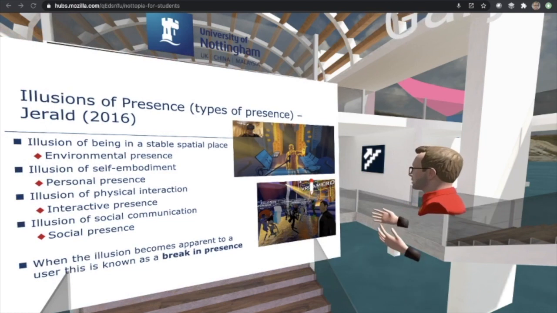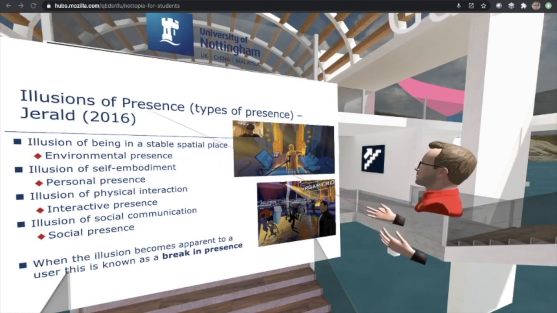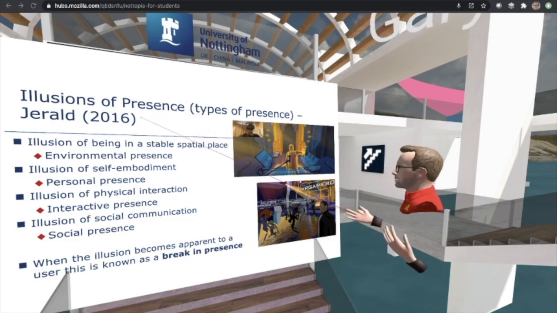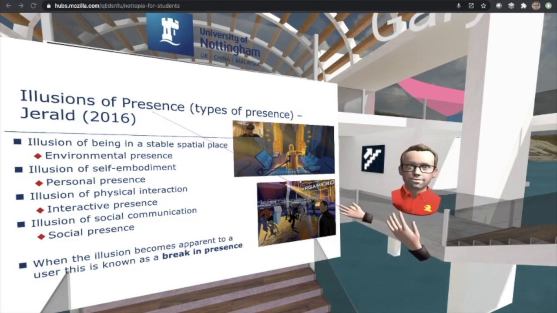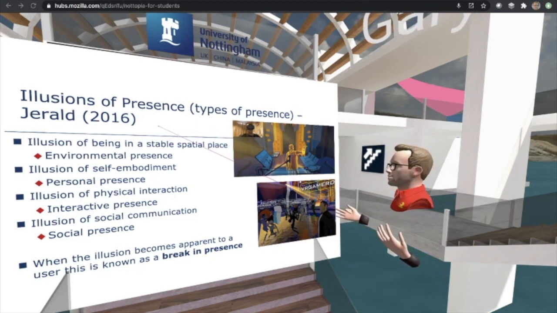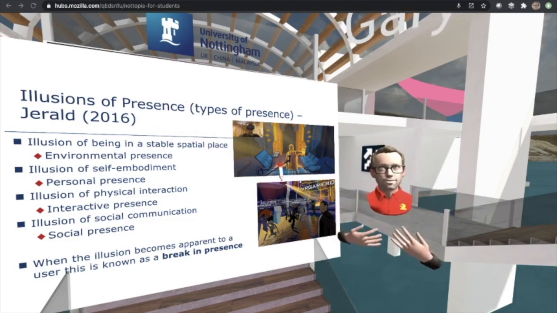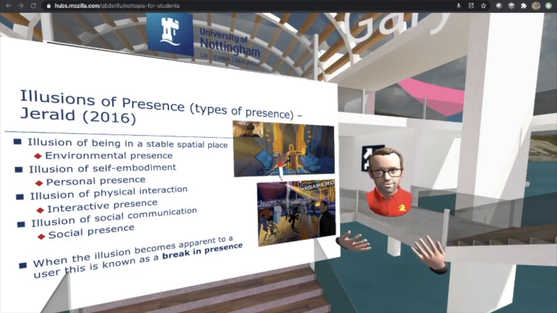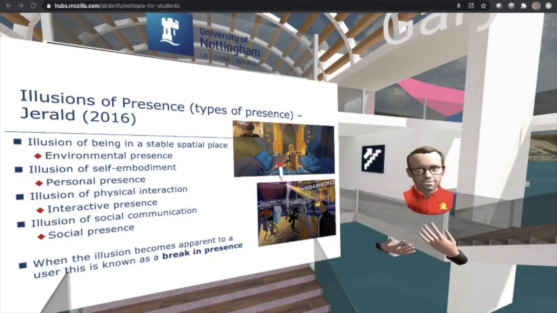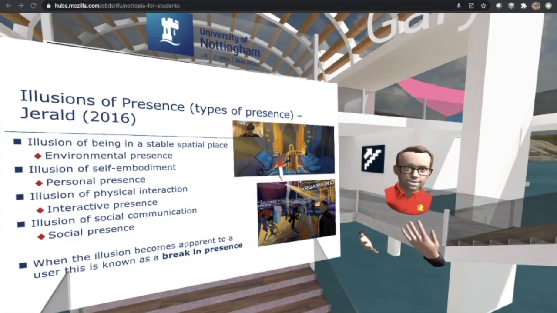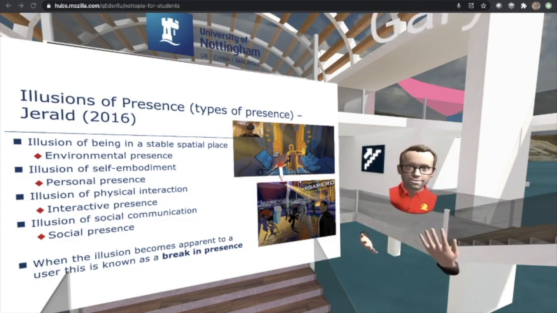So these illusions of presence, or we can consider them as sort of types of presence. There are four fundamental types here. Okay, the first one is the most obvious one, the one that's related to most of what I've said so far for presence and what most people think of as presence. It's being somewhere else, being in a different environment.